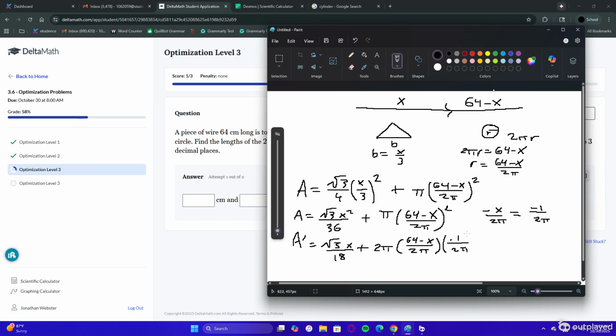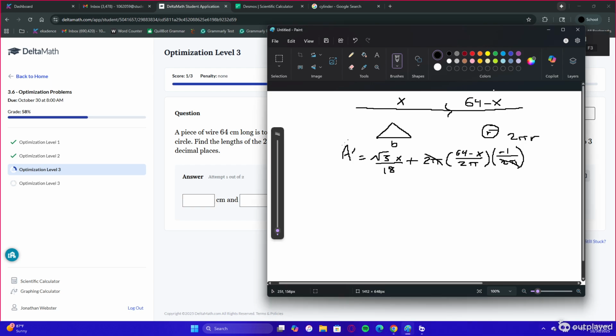And now we solve for our critical points. So now that we have A prime, we can solve for 0 first, cancel out the 2 pi's here. Alright, so root 3 x over 18, and then times negative 1, so it would be minus 64 minus x over 2 pi.